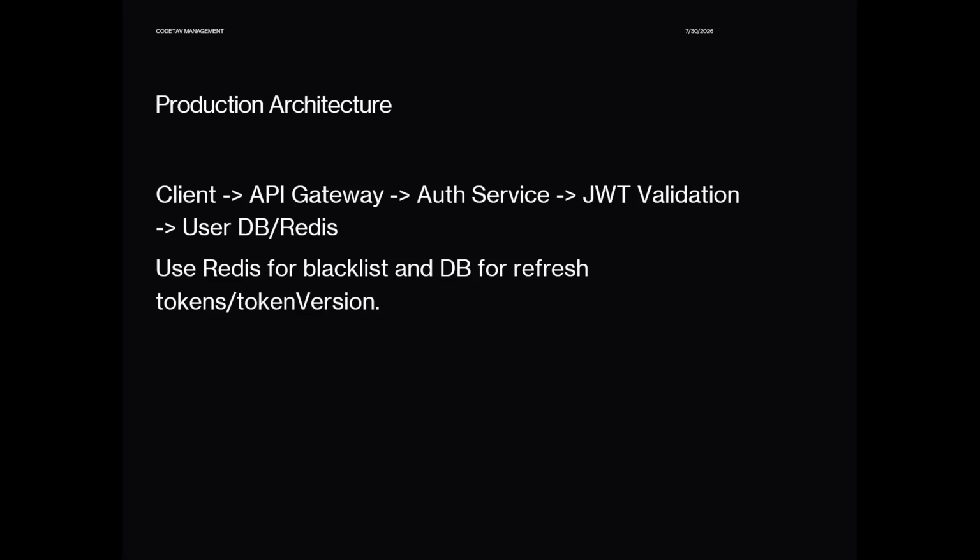First, delete all refresh tokens. Second, increase the token version. And third, optionally blacklist the current access token. Now every old token becomes useless. Okay. So the flow will be client, then API gateway, then auth service, then JWT validation, then user DB or Redis.